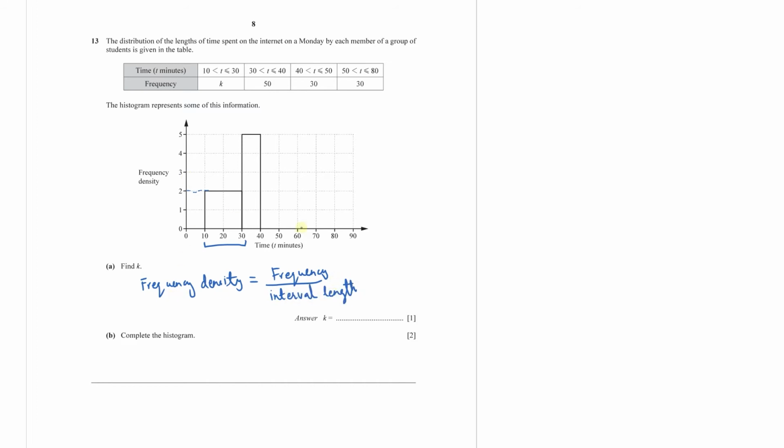So in this case, your frequency density is 2. So 2 equals, and your frequency here is k. And your interval length is 30 minus 10, which is 20. So from this equation, if I take 20 to the other side, k equals 40.